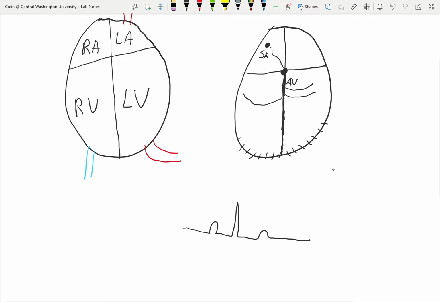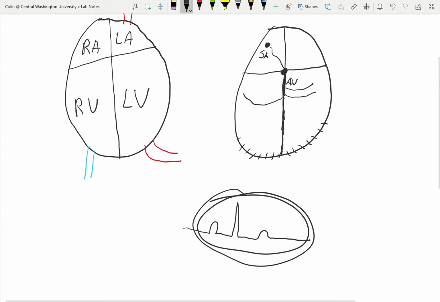So let's break down those bumps that I just put right here. We're going to take it real slow, one at a time, what they're called and what they represent, and we're going to constantly refer back up here to the electrical system. Because again, all this down here is just a representation of the electrical system.